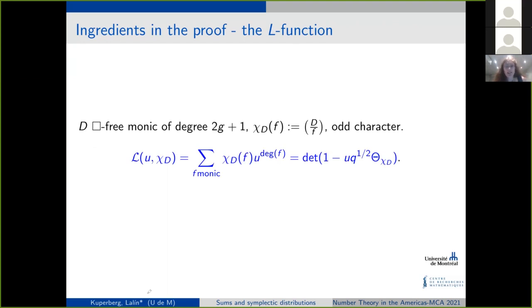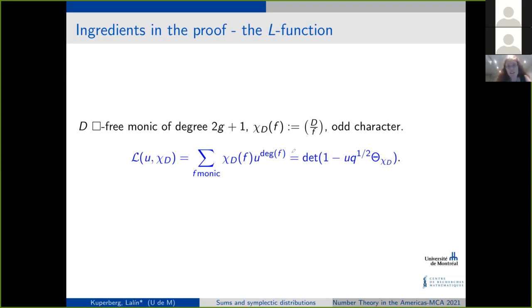Then the L-function, here's the definition of the L-function, but we can express it in terms of the characteristic polynomial of the Frobenius class, which you can think of as a conjugacy class of some unitary matrix.